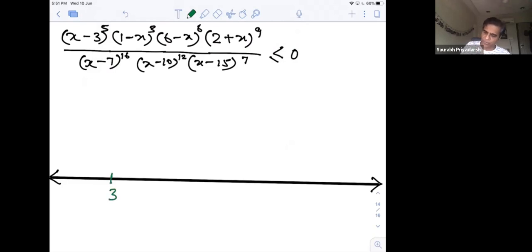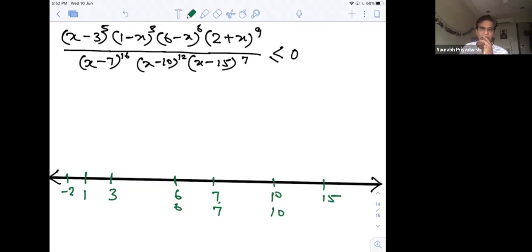Number 3, right? This is coming. Number 1 is coming. Number 6 is coming. Number -2, right? But 6 is coming twice, right? -2, 7 is coming twice, right? 10 is coming again twice, and 15 is coming one time, right?